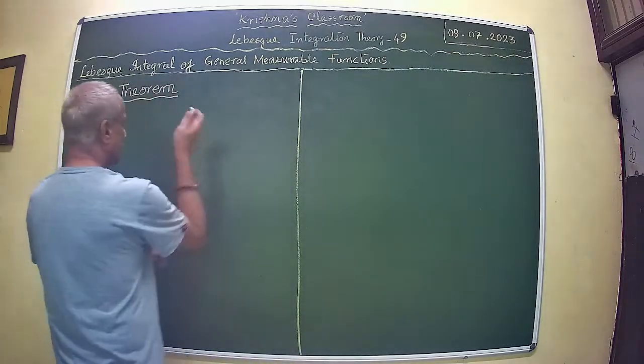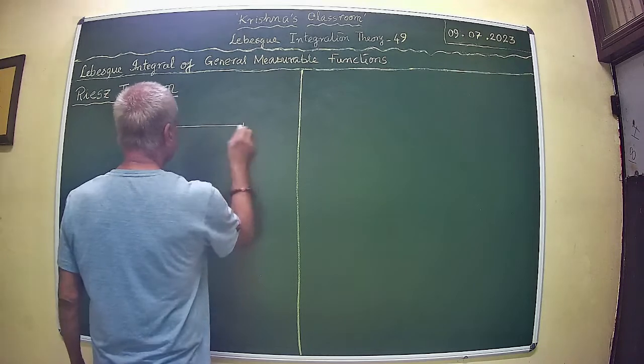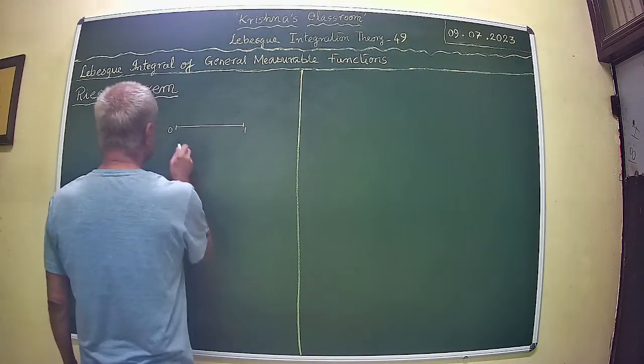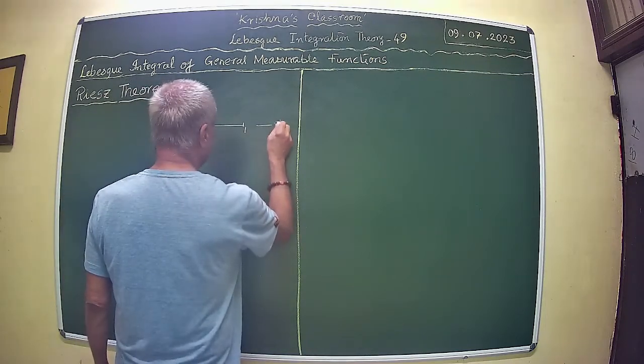So the example that we have looked at is this. You take the interval 0, 1. It's a very nice way in which you divide. So this is step 1.